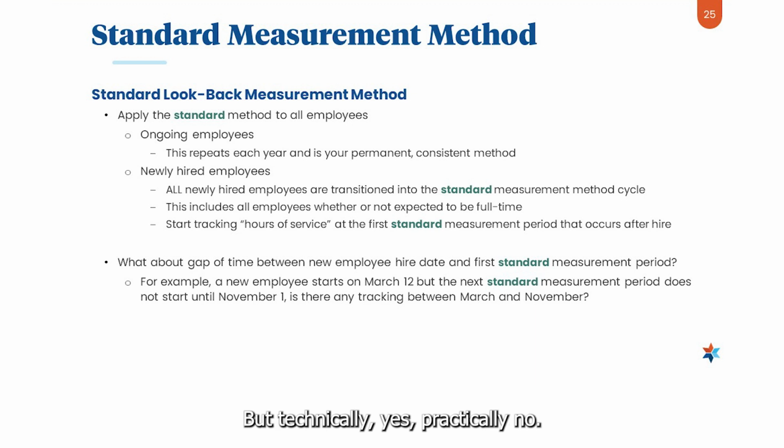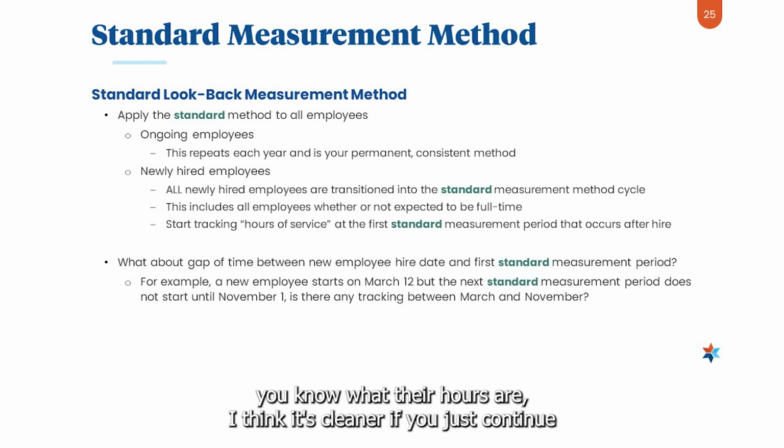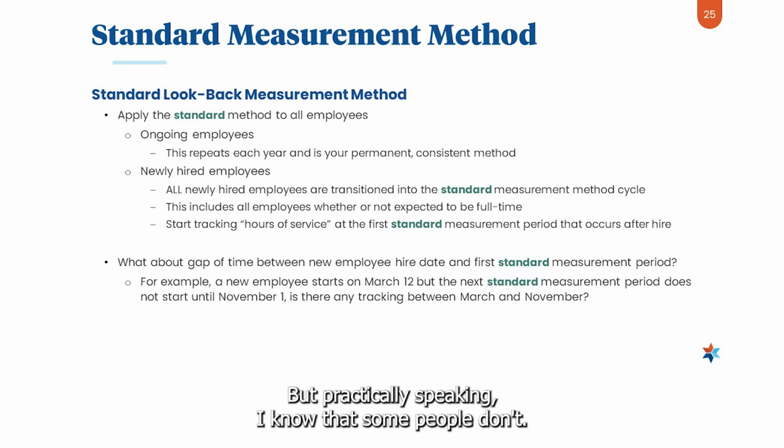But technically, yes. Practically, no. Does that make sense? If it's not clear, I want to answer. Hopefully you have a system that if something changes and there's a question, you know what their hours are. I think it's cleaner if you just continue to track everybody because you never know what's going to happen in the future. But practically speaking, I know that some people don't.